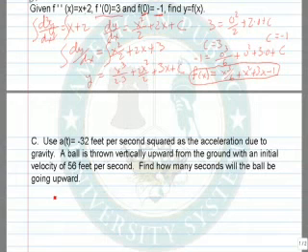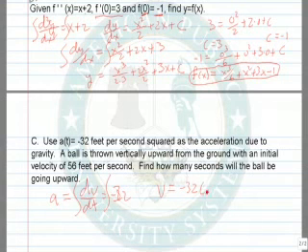Now acceleration is the same as the derivative of velocity with respect to t equals negative 32 feet per second squared. So if we integrate this, if we take the antiderivative, we're going to wind up with the velocity equal to negative 32t plus some constant c.